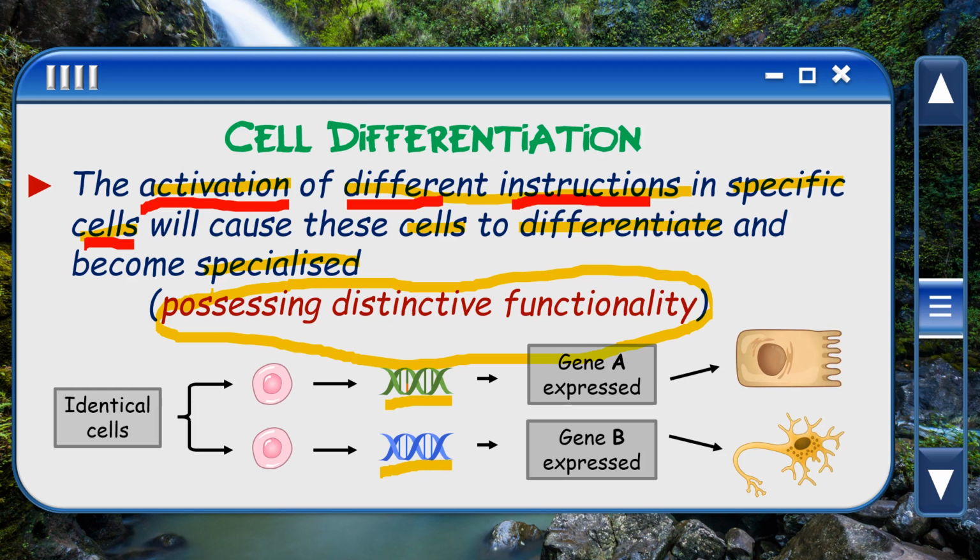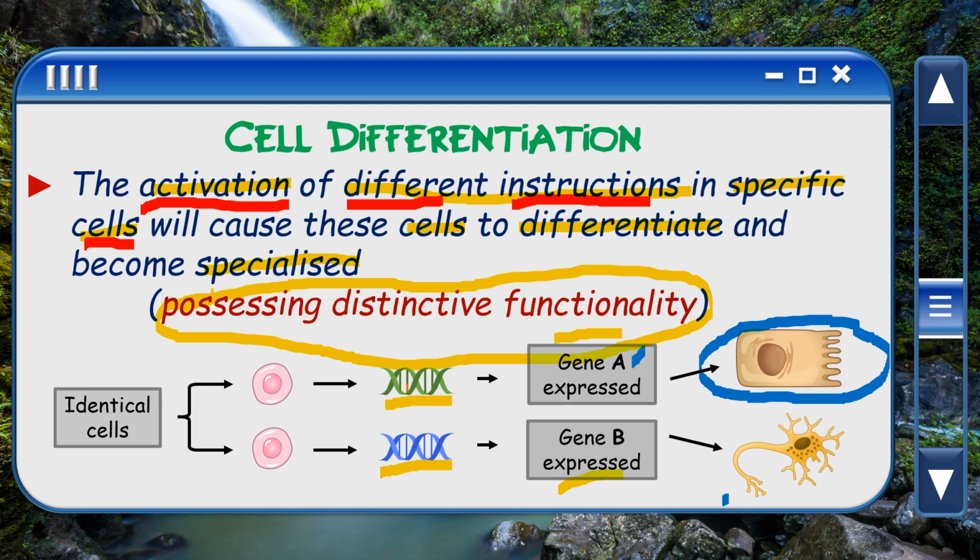If gene A here is expressed, and here it is gene B which is expressed, then here we shall get a different type of cell, because gene A was the one that was expressed.